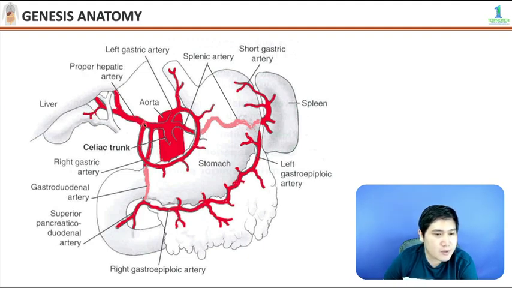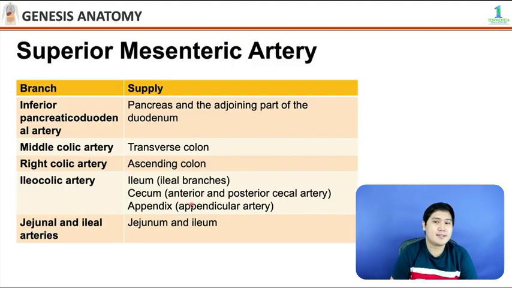Then it will also give off a right gastric artery and a gastroduodenal artery, to give off a superior pancreatico-duodenal and right gastroepiploic artery. So that is the celiac trunk.